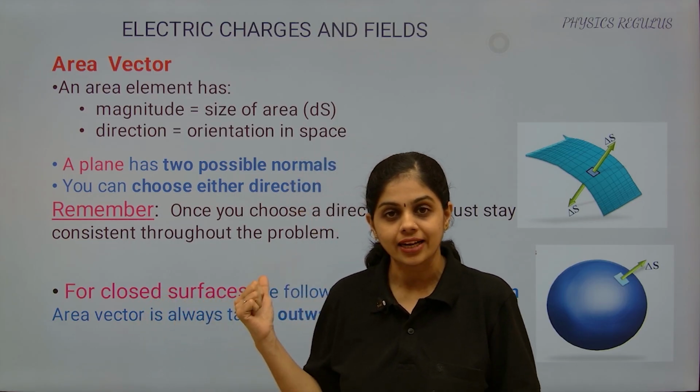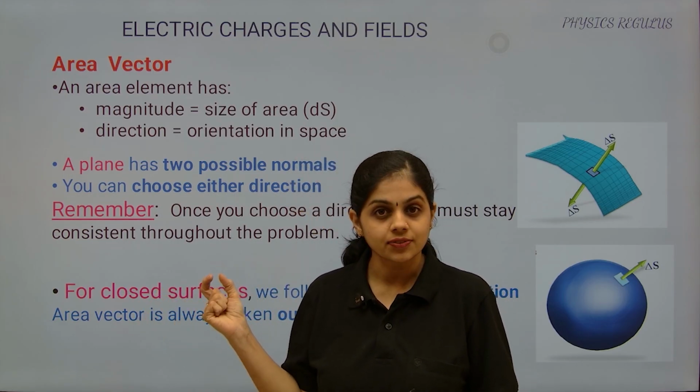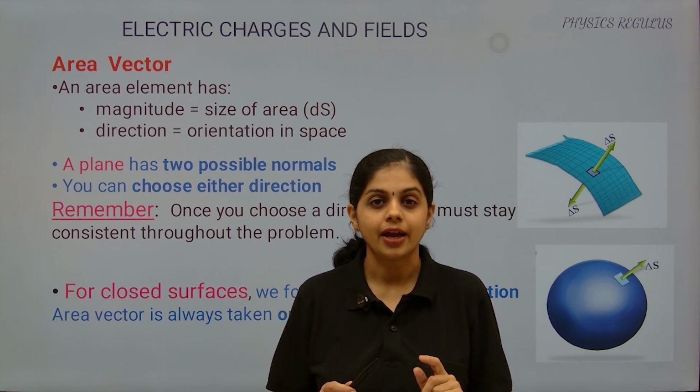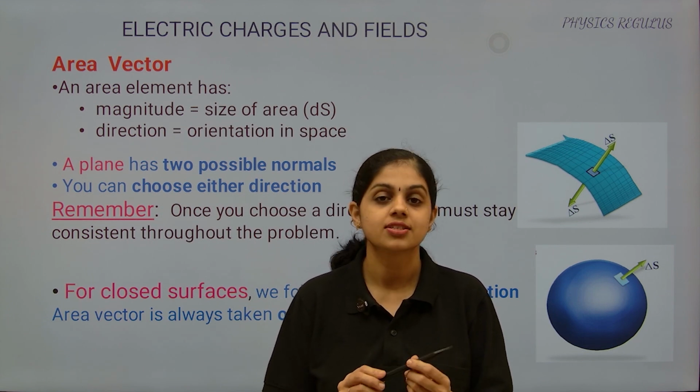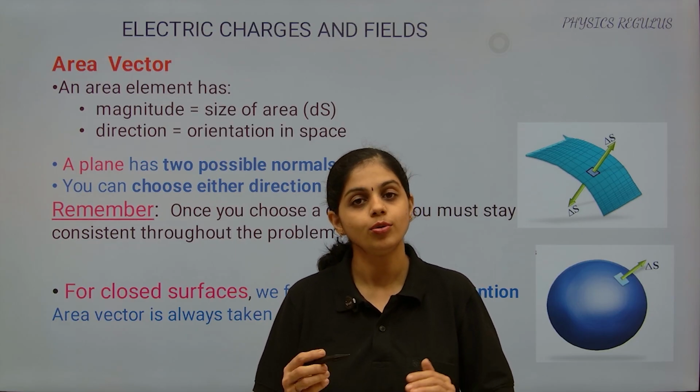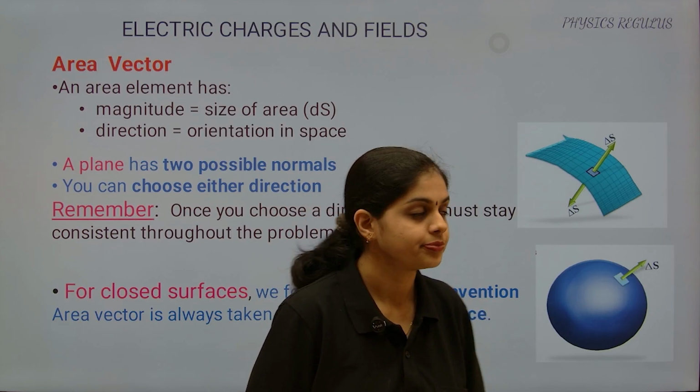Here in case of electric flux, it depends on the magnitude of area and also the direction of surface normal. Hence we call it an area vector. Then how to represent area vector?